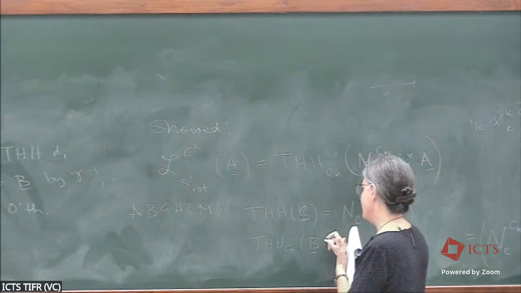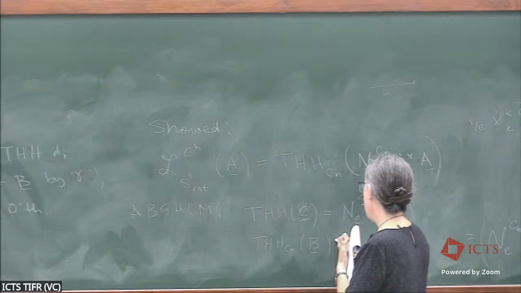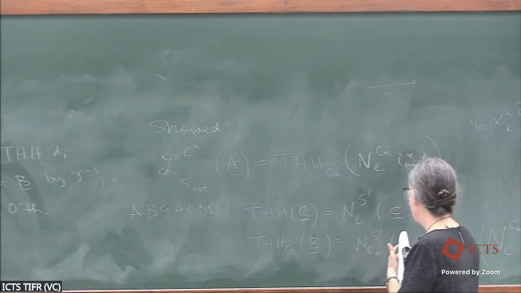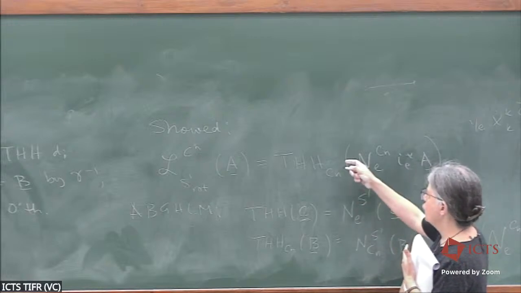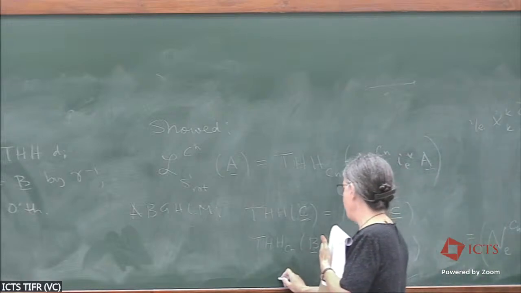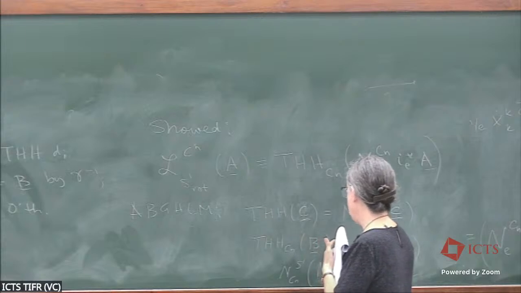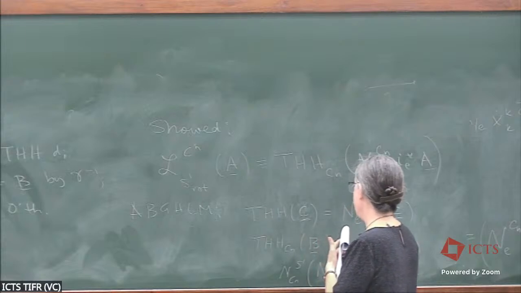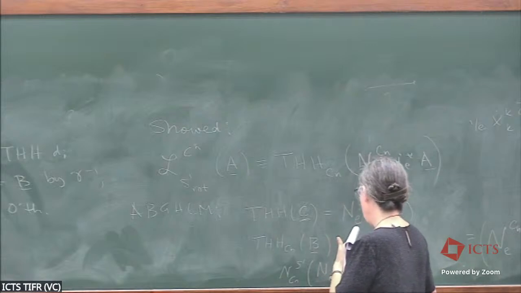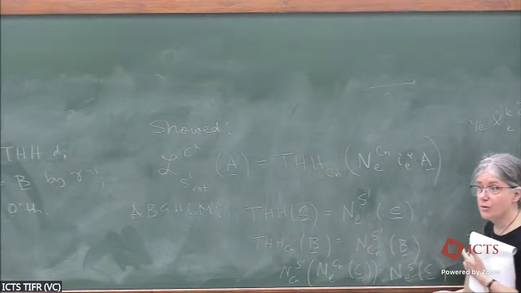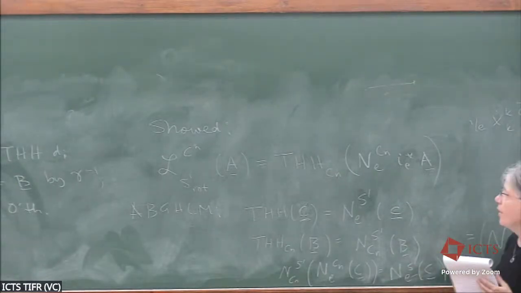This is a genuine C_n spectrum. So they say you should think of it as N_{C_n}^{S^1} of B. And they would interpret the result as: if you apply N_{C_n}^{S^1} to N_e^{C_n} of C, you get N_e^{S^1} C, which is what you're supposed to get. So that's how they write this.